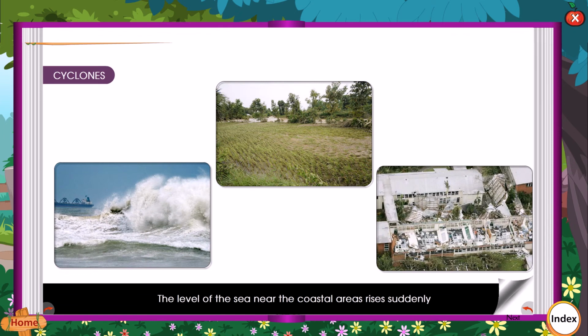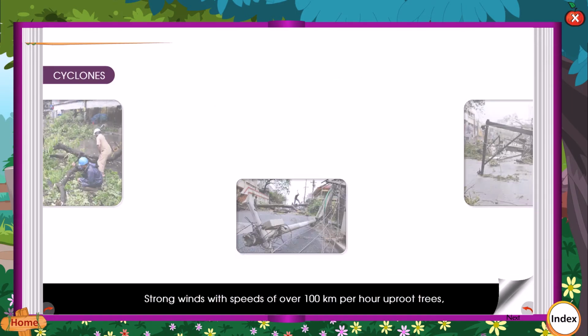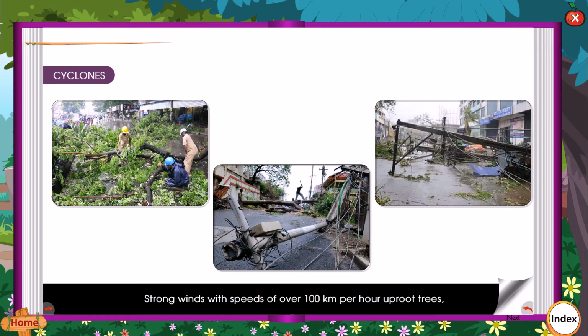The level of the sea near the coastal areas rises suddenly and lashes onto the land, destroying buildings and crops. Strong winds with speeds of over 100 kilometers per hour uproot trees, telephone and electric poles and destroy whatever comes in their way.